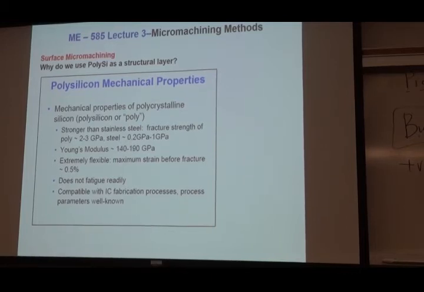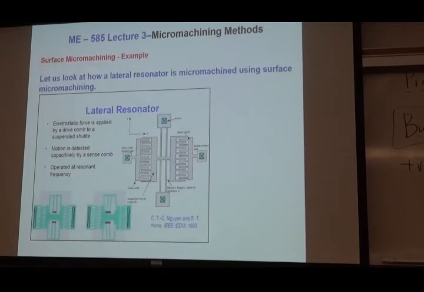Its yield is high. Steel has about 300 to 400 megapascal as yield, but this could go up to a gigapascal in terms of sigma y. Very flexible, no fatigue, remember the SN curve.